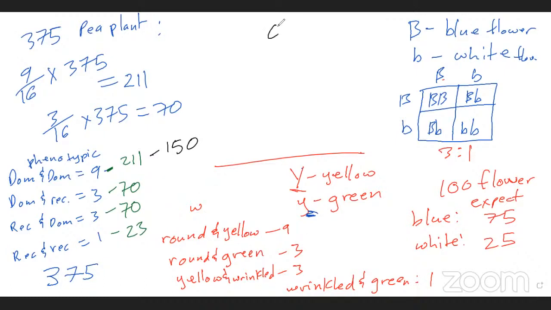Somebody will work out observed minus expected squared, divided by expected, for this one, and tell me the answer. The observed is in block. Expected is what you calculate.